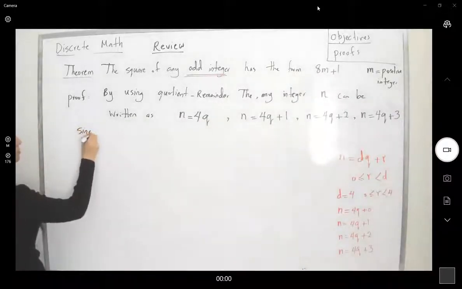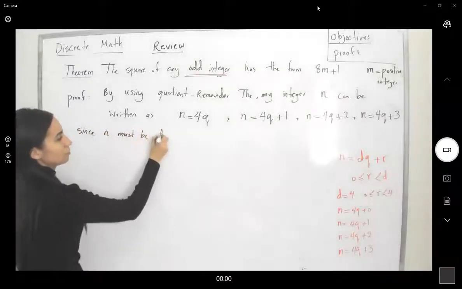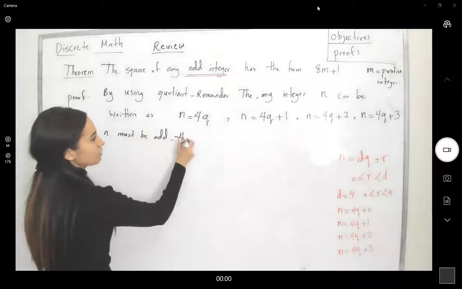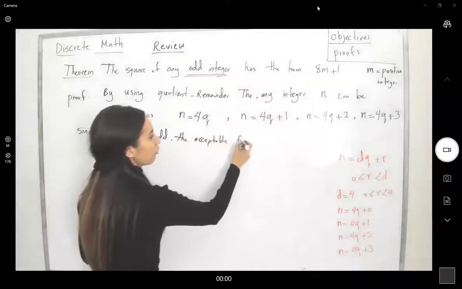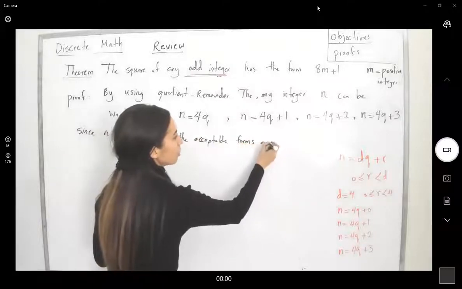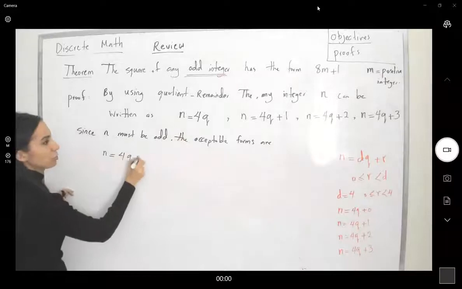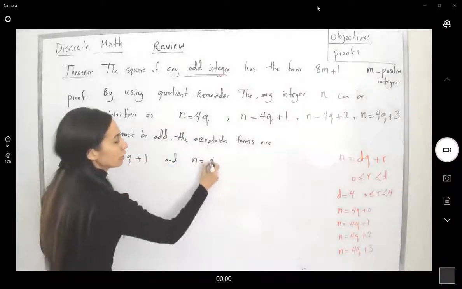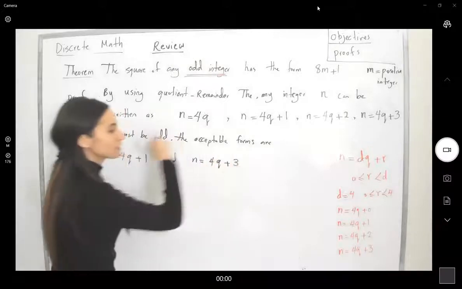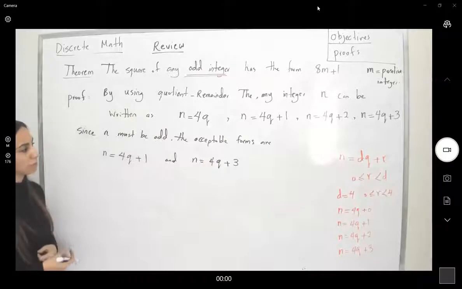Since n must be odd, the acceptable forms are n equals 4q plus 1 and n equals 4q plus 3. Okay, perfect.